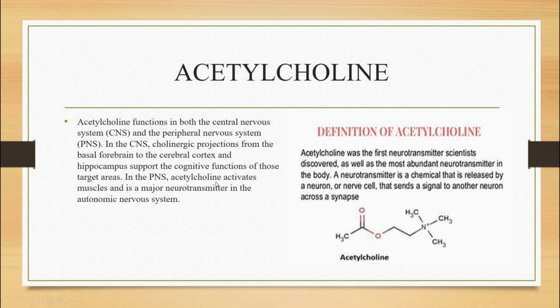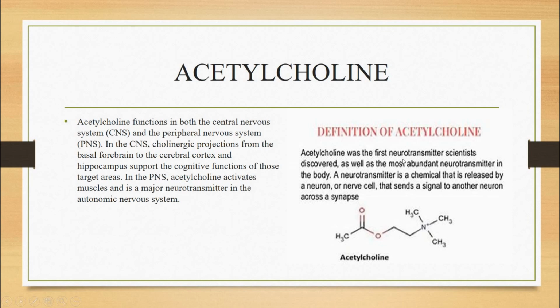While in the PNS, acetylcholine activates the muscles and is a major neurotransmitter in the autonomic nervous system. So, acetylcholine has its major function both in the CNS and PNS. In the CNS, it helps in the cognitive projections, and in the PNS, it is acting as a neurotransmitter.